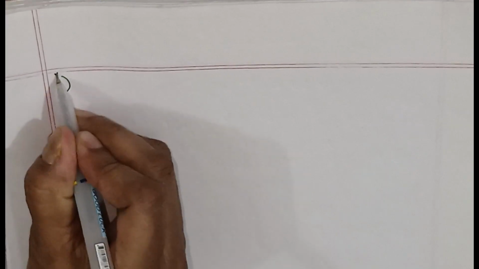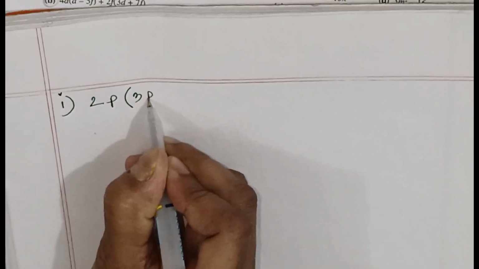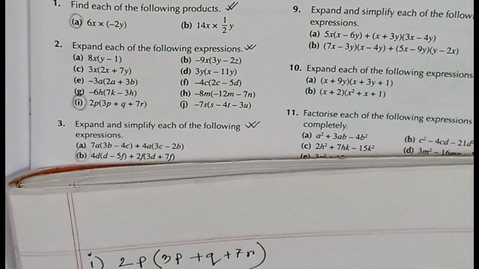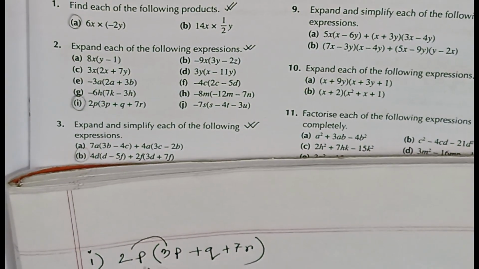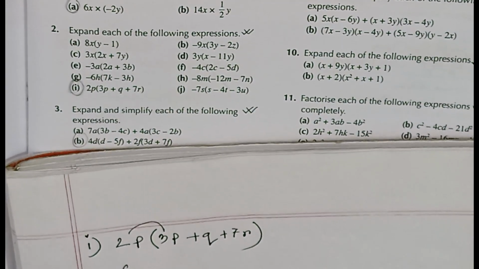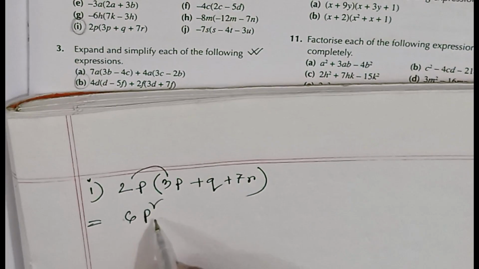Now, 2p into 3p plus q plus 7r. At first we copy the question, okay. Now multiply 2p into 3p. So at first we multiply the coefficients, 2 into 3, 6. Next the variables, p into p, that means p square.